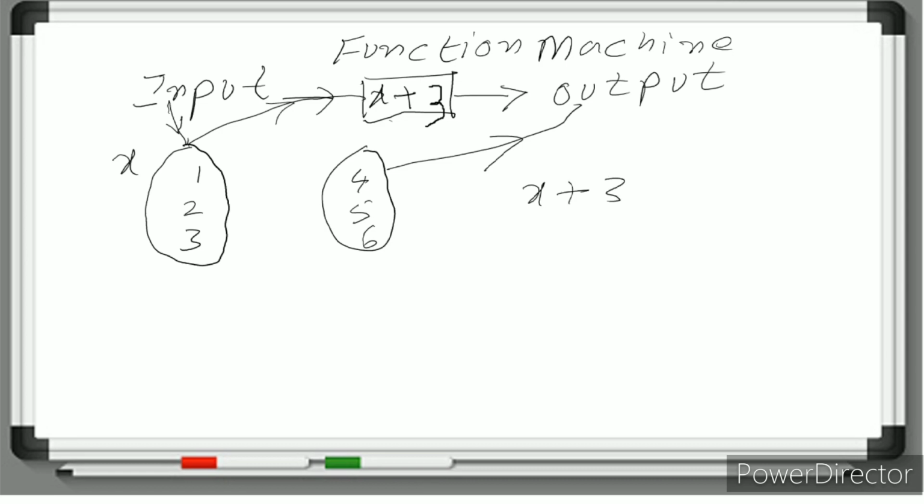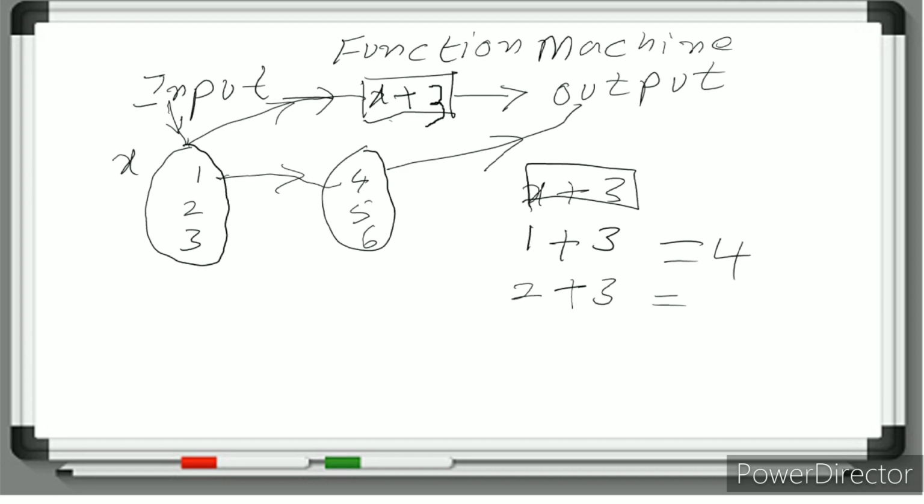I keep 1 in place of x. When I keep 1 in place of x, boys, 1 plus 3, I get 4. So I get the output 4. So 1 maps to 4. Again, in place of x, I put 2. 2 plus 3, I get 5. 2 maps to 5.